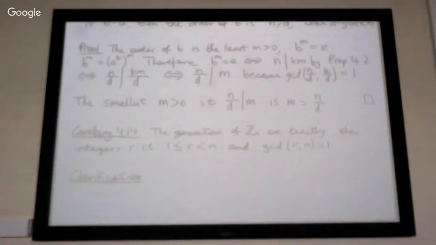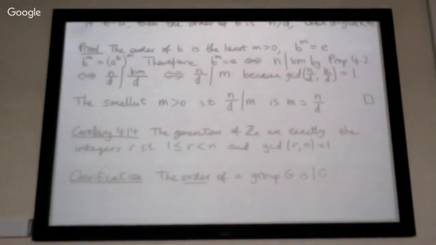What is the order of something? The order of a group G is the number of elements of G. That was the definition that you probably had, I hope.